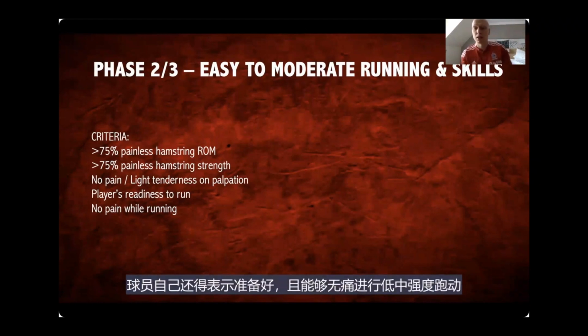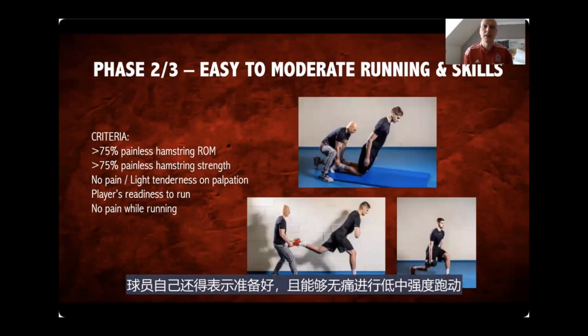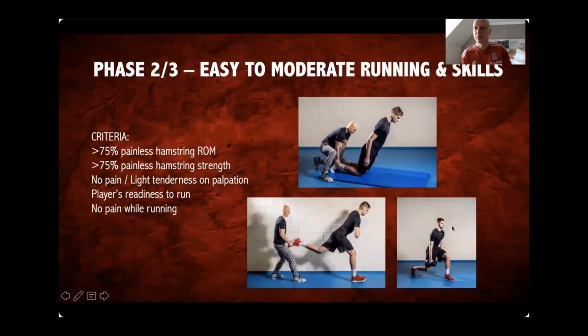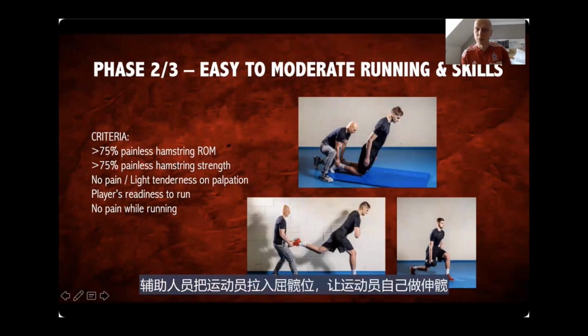At this moment, we can continue to work on isometric strength, but also we can start including some moderate intensity eccentric exercises such as Nordic hamstrings, okay, regular split squat or reverse lunges, or the sprinters hip extension flexion when we are trying to pull the whole body back.